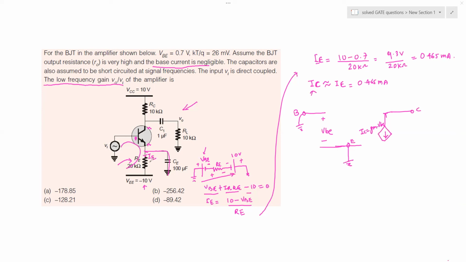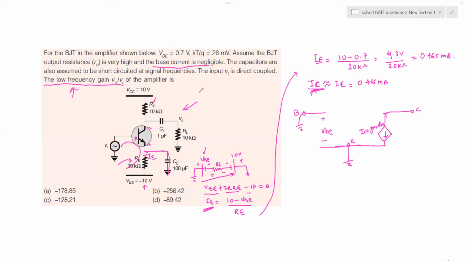For the biasing condition, you took RE into account, calculated the value of IE, and then you got the value of IC also. Now for the low frequency gain calculation, we are deriving the small signal model where the emitter is grounded, and you have this current flowing from collector to the emitter pin.